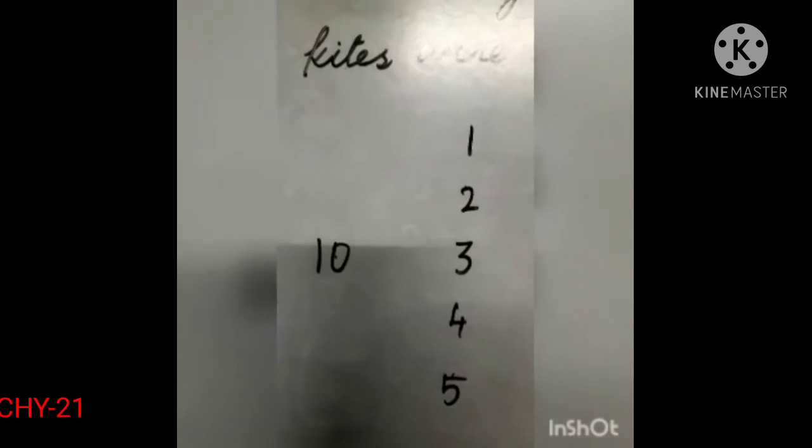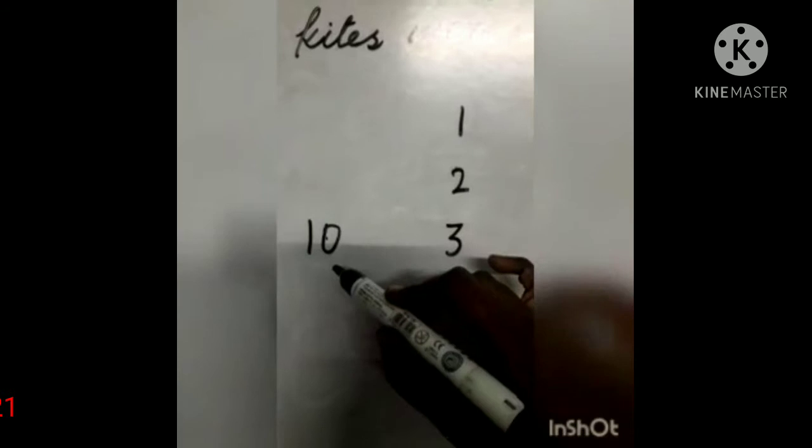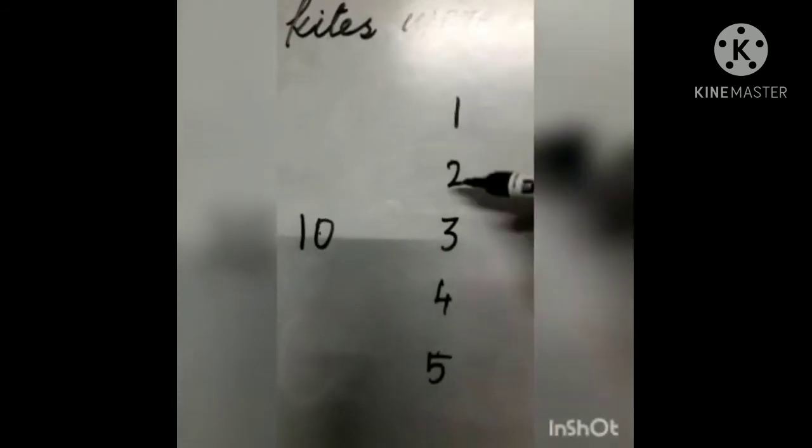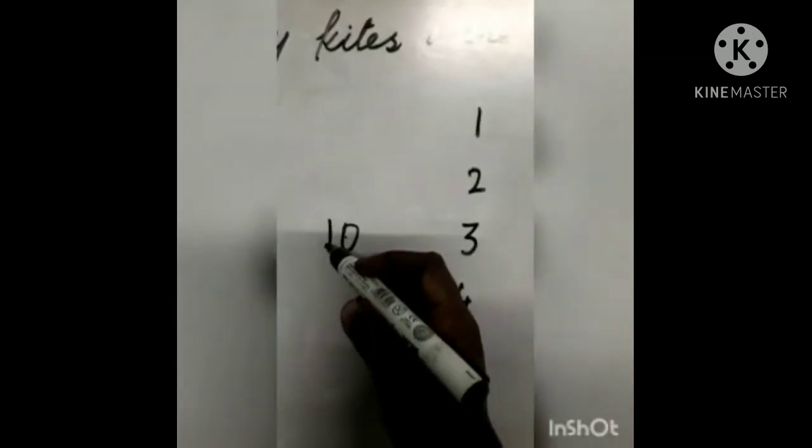Before we enter into the sum, you must know one thing. I write here 10, and on this side 1, 2, 3, 4, 5. Now I am going to borrow 10.